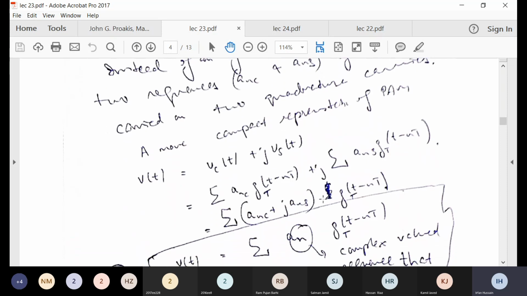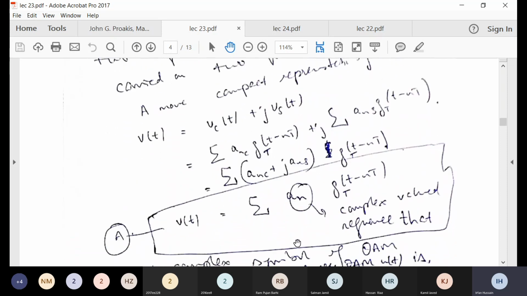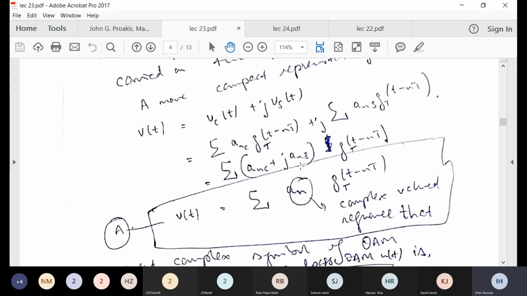And this comes out as g(t) common, and you have one value of a_n. So a_n is a complex number. It represents the amplitudes that are finally transferred through the cosine part, and it also contains the values that will be transferred through the sine part.